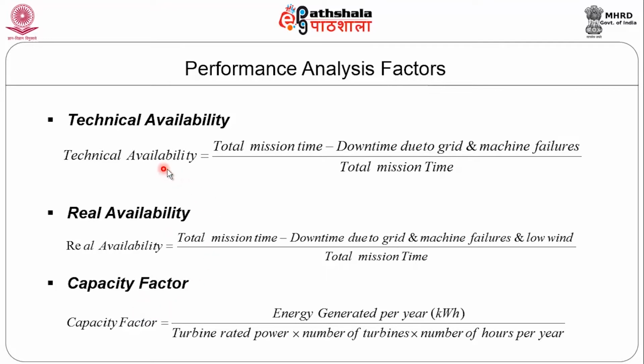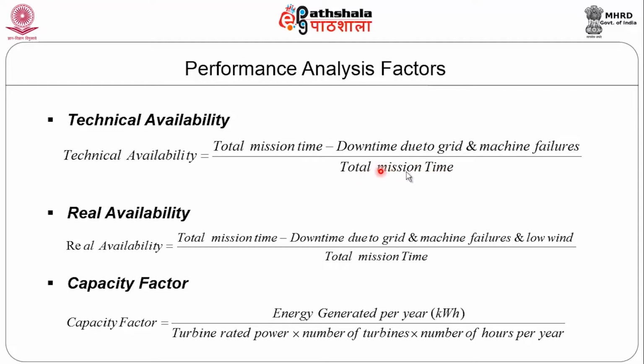Technical availability is total mission time minus downtime due to grid and machine failure divided by the total mission time. The total mission time is the entire year, 365 days into 24, it is 8,760 hours.